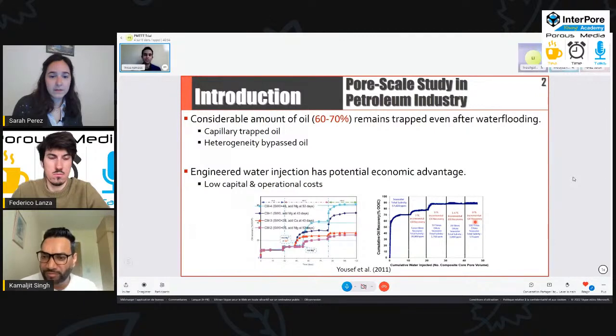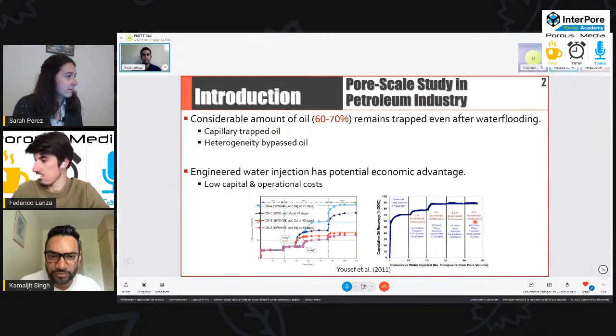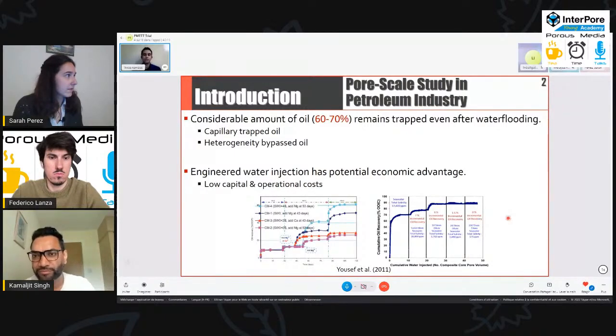So we are trying to enhance the recovery using many different methods. This trapped oil is capillary trapped, or it might be bypassed due to heterogeneity.